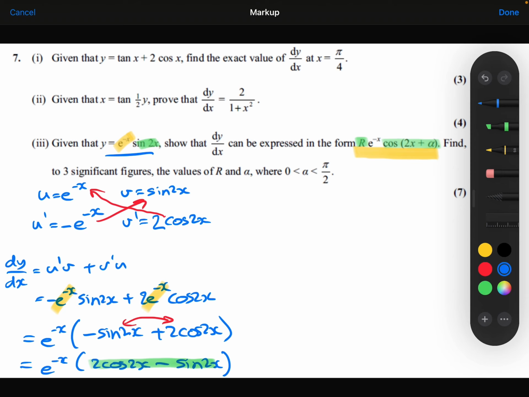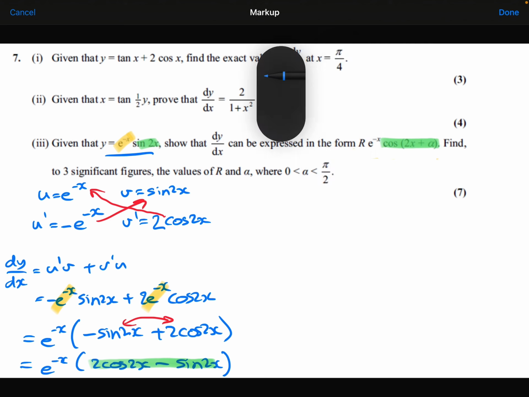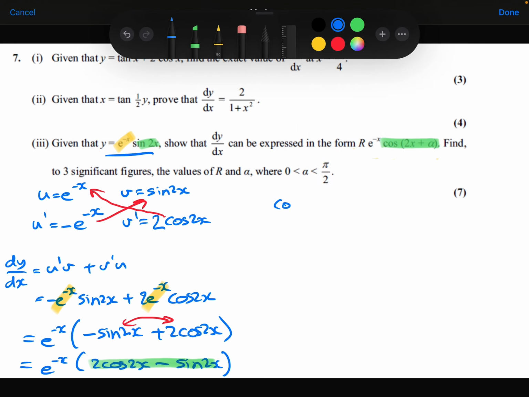So let me expand that. Let me expand my r cos 2x plus alpha and then compare it. So first of all, expanding just the cos 2x plus alpha using the addition formulae in the formula booklet, I'll get cos 2x cos alpha minus sine 2x sine alpha.